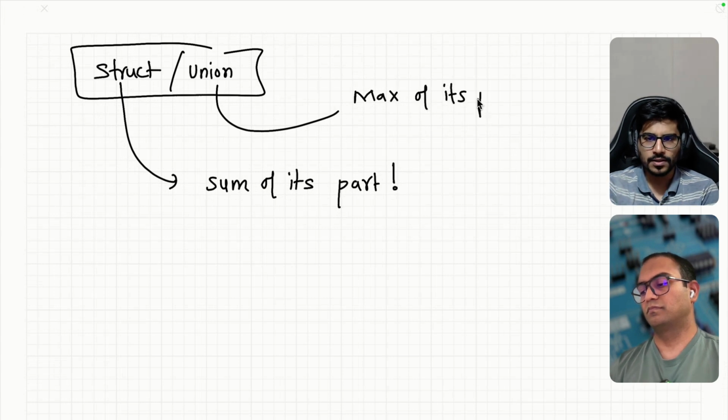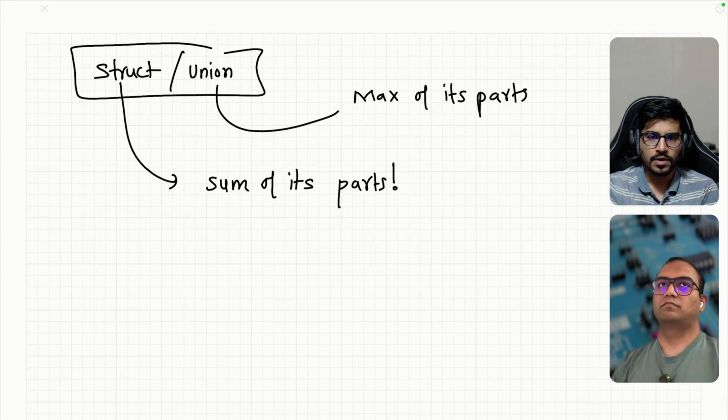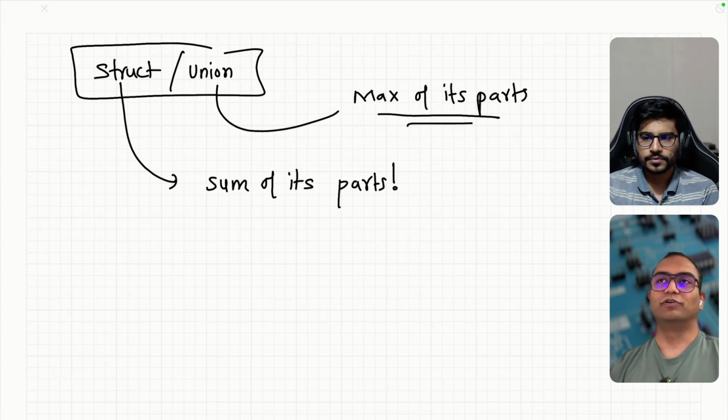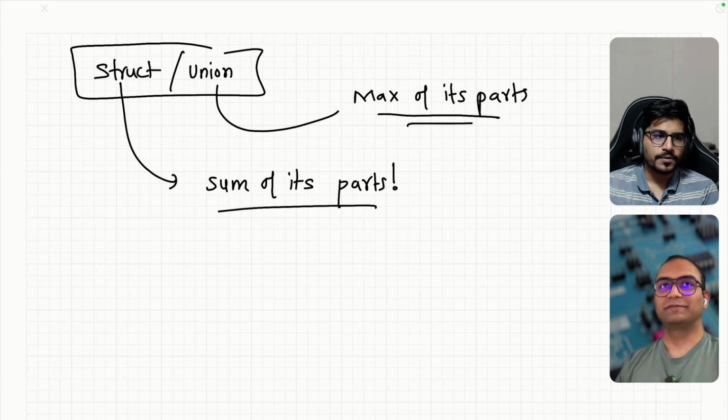We'll explain this in detail, but this is how I have remembered what a structure means and what a union means. I have an interesting analogy for union, the way I remember it, and I'll explain once we get there. Go ahead.